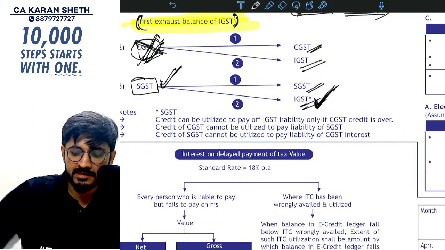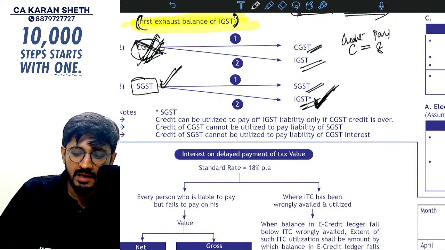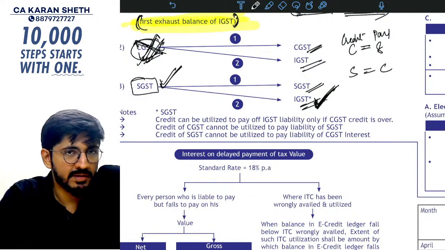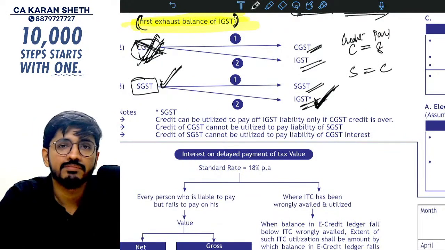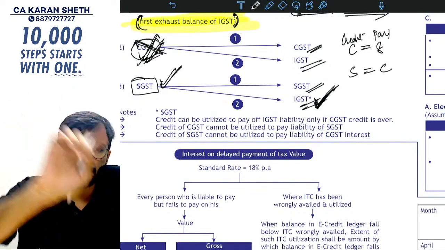Also remember, my dear friends, you will never use CGST credit to pay off SGST liability, and you will never use SGST credit to pay off CGST liability. Very simple. Just remember that.